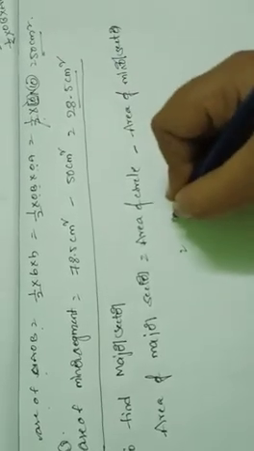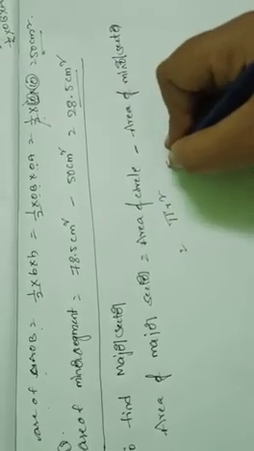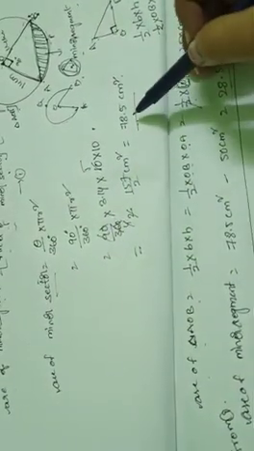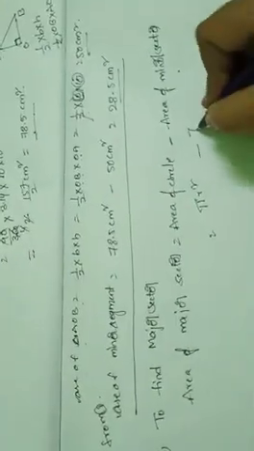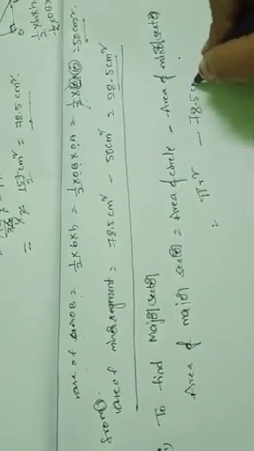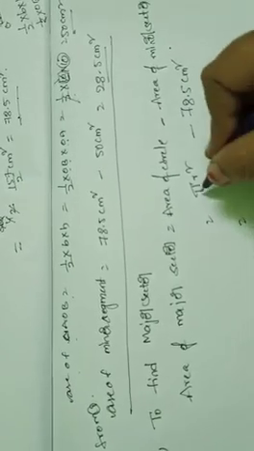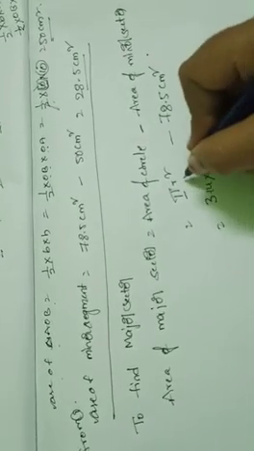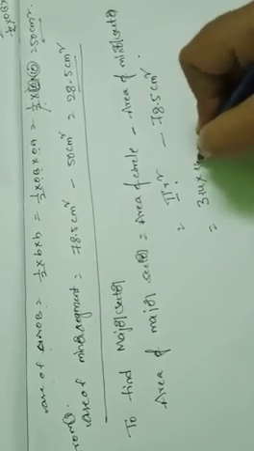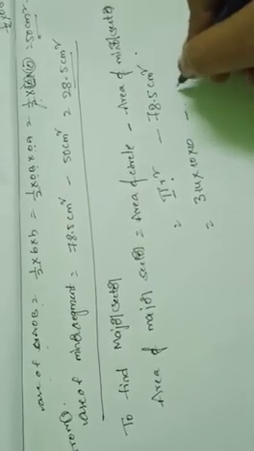What is the area of circle? Pi r square minus minor sector area. We have already done 78.5 centimeter square. Pi value 3.14, radius into radius 10 into 10, radius equal to 10, minus 78.5.